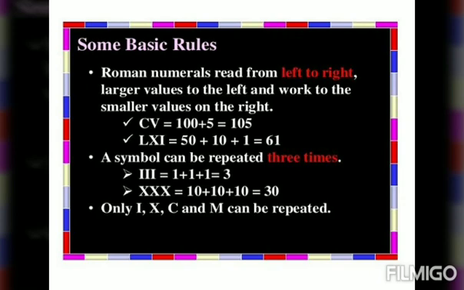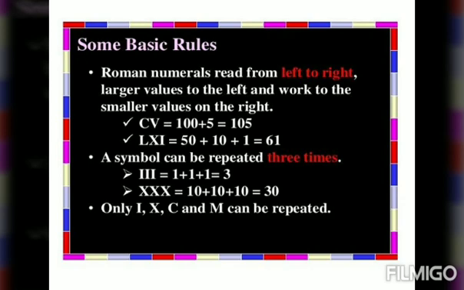C means 100, V means 5. If it is in descending order, greatest to smallest, we have to add the values. 100 plus 5 is 105. L means 50, X means 10, I means 1. Here also it is descending order, so we add: 50 plus 10 is 60, plus 1 is 61.